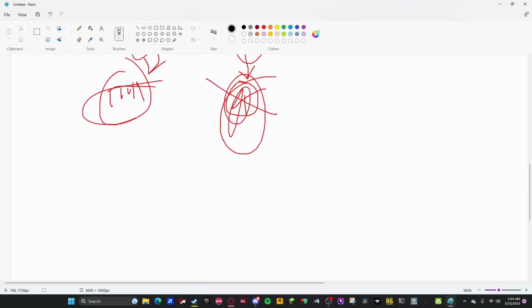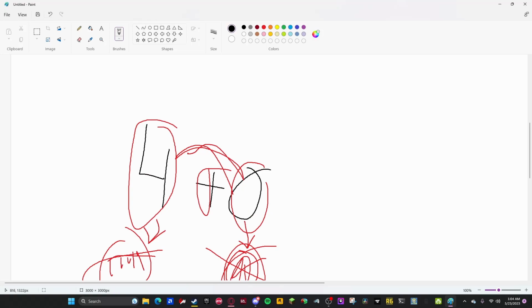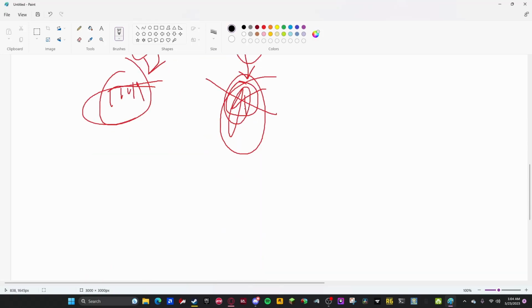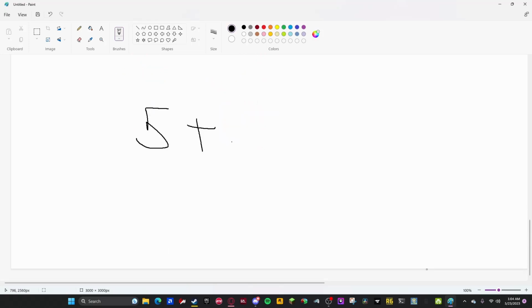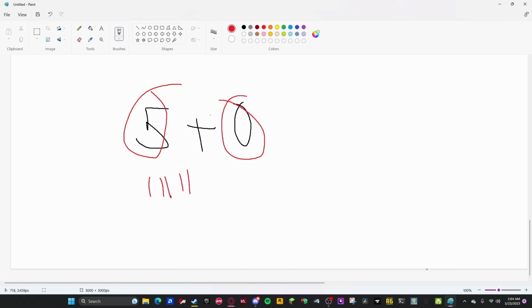plus, and you remember here's the 0 and the 4, right? So that stays 0. It was 1, but then that 1 transferred over, so it stays 0. So this is still 0. So basically now you have 5 things going into 0 things, and when 5 things go into 0 things, they all go through, right?